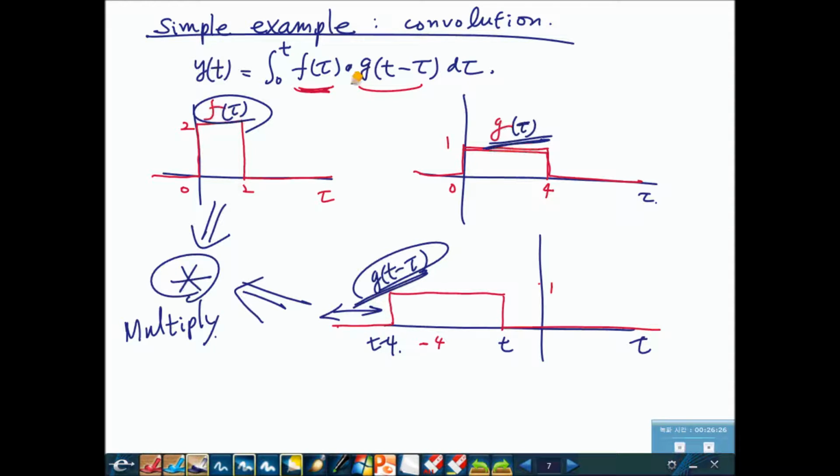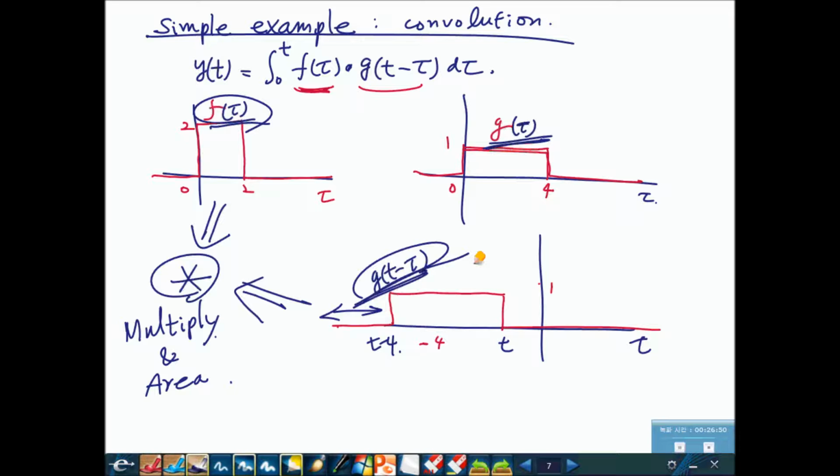And integration, what is it? Area, right? You multiply between these two values, and you find the area under that function. Okay? All right? And let's see.